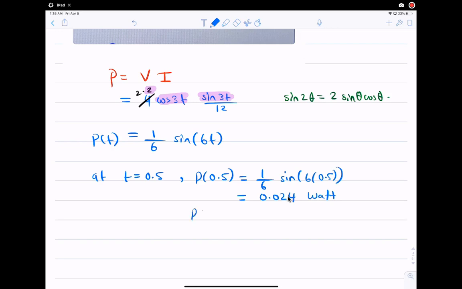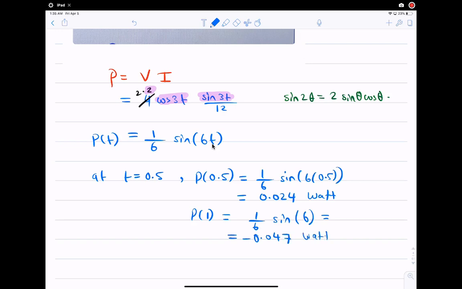And then P of 1, that means you just plug in 1. So sine 6 times 1, which is 6. So sine 6. The answer is negative 0.046 or 7 if I approximate it.